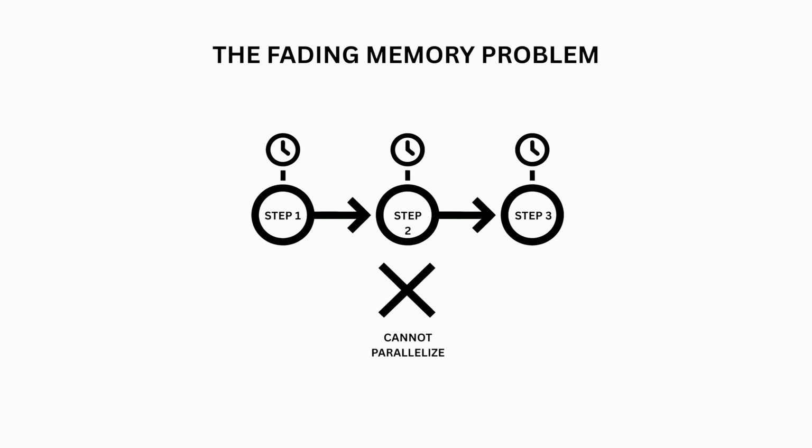In 2017, a group of researchers asked a radical question. What if you threw away the recurrence entirely and built an architecture out of nothing but attention? The result was the transformer, and it's the architecture behind every large language model you've used since, including GPT.